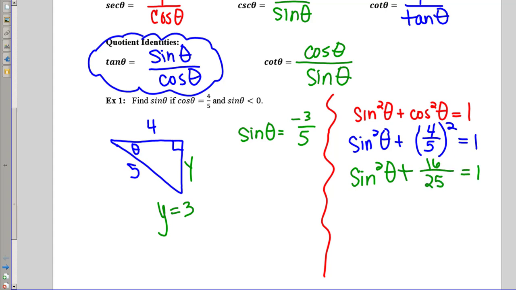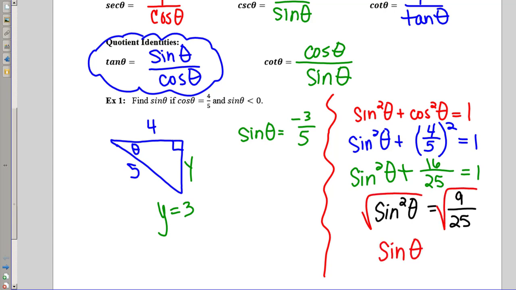And then we'll just solve for sine squared, right? So that means sine squared theta is equal to 1 minus 16 over 25, which would be 9 over 25. Okay? And then we would take the square root of each side. So if I take the square root of sine squared, I just get sine theta.